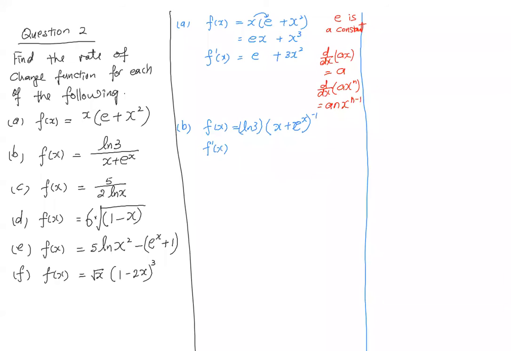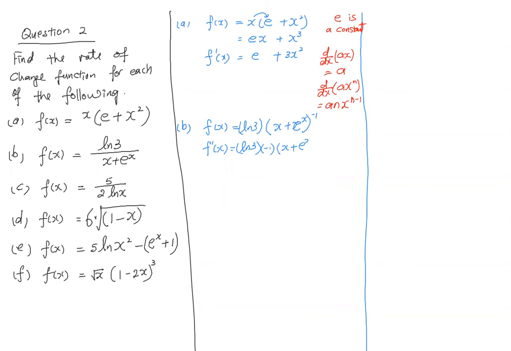Okay, Wanik, can you tell me how to do chain rule? ln 3 times -1, times x plus e to the power of x, to the power of -1 minus 1.